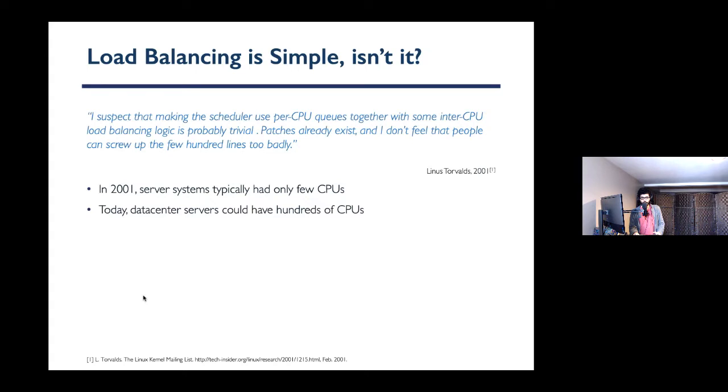It's not anymore. We're not talking about 1 or 2 anymore. We're talking about hundreds of cores, and that could make things a little bit more involved than what people thought in 2001.